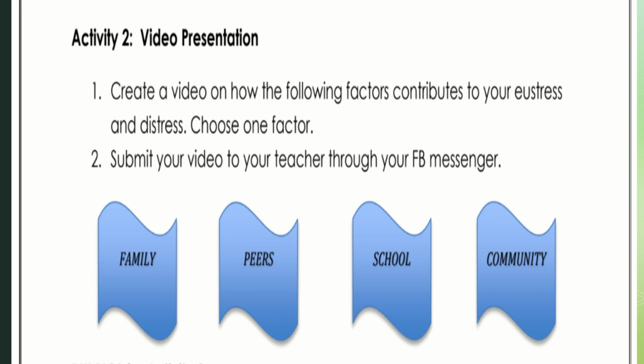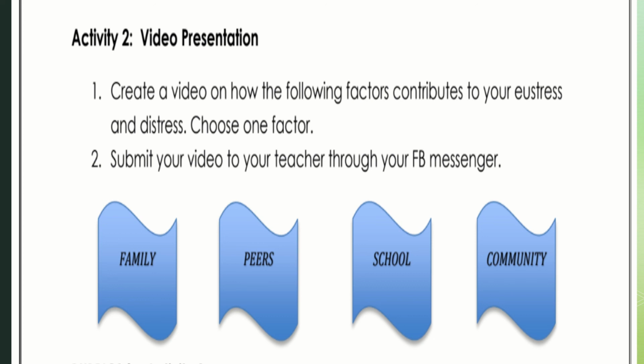For activity number 2, you need to create your own video on how the following factors contribute to your eustress and distress. Choose one factor only. You may see 4 factors below: family, peers, school, or community. Just choose one of the factors.